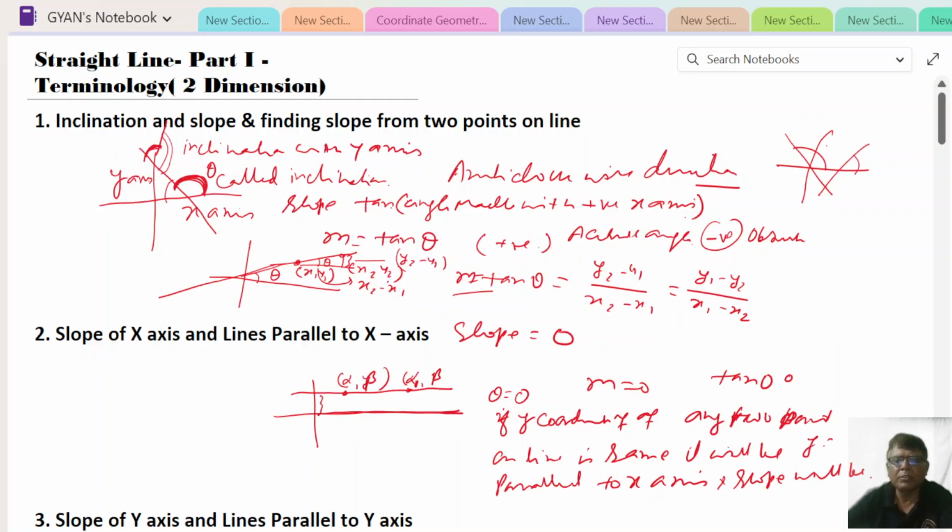And if the y coordinate is 0, then it is the x-axis.